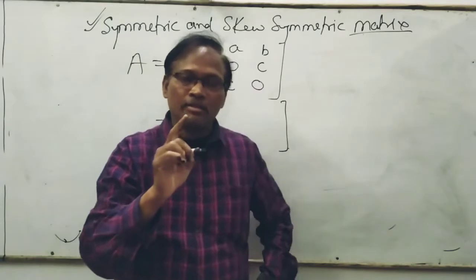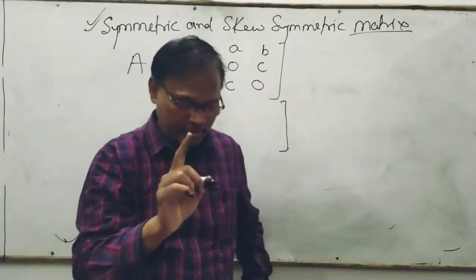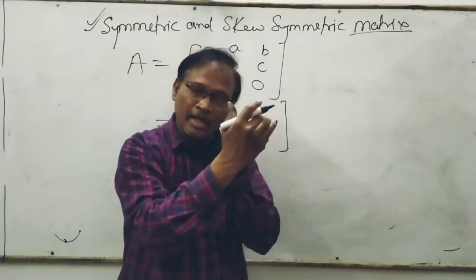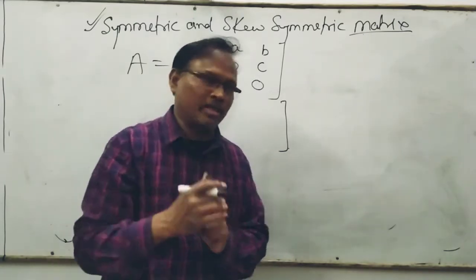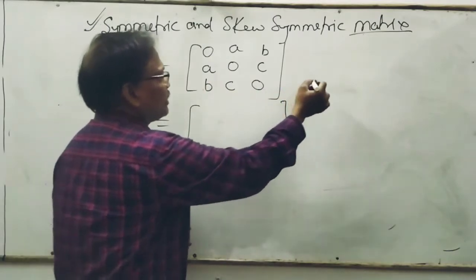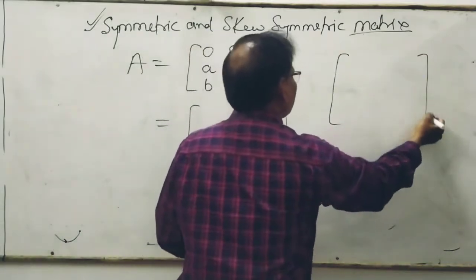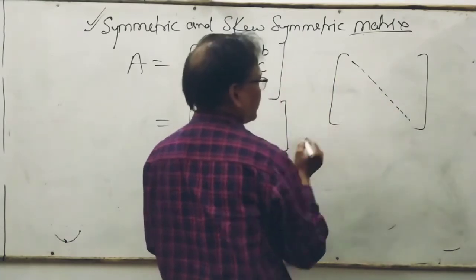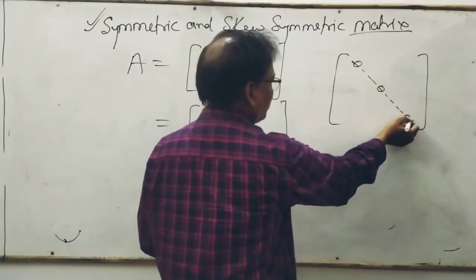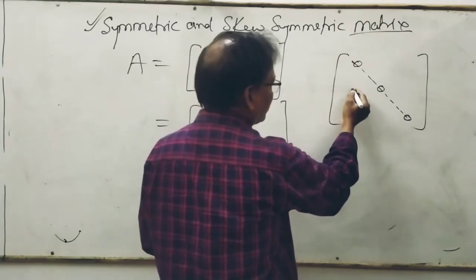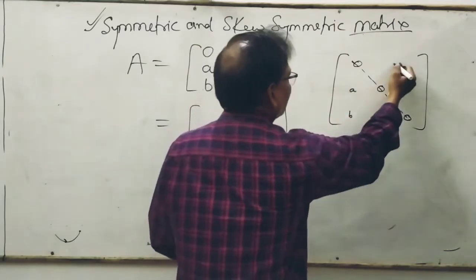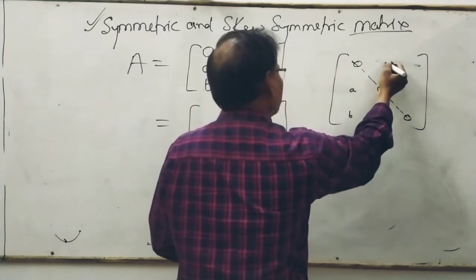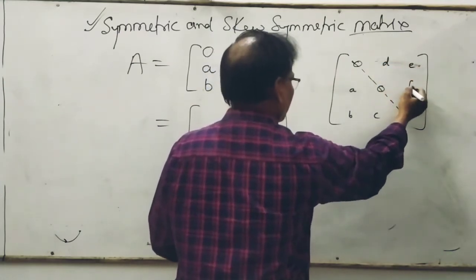For the skew symmetric matrix, just see the primary diagonal of the matrix. इसे प्राइमरी डायगोनल कहते हैं. This one is called the primary diagonal, and these elements A B C, and this is A D E F for example.